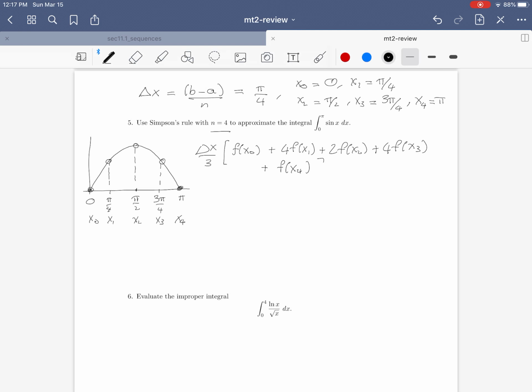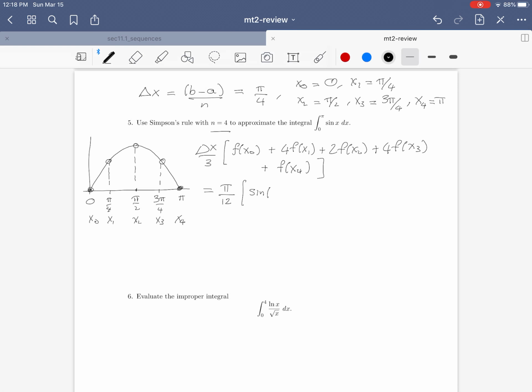So you remember with Simpson's rule, we have the terms at the endpoints, so that's f of x0 and f of x4. Then all the other terms, so the odd terms, so here f of x1 and f of x3 get multiplied by 4, and the even terms get multiplied by 2. So, what's this? We worked out our delta x, that was pi by 4, so this becomes pi by 12.